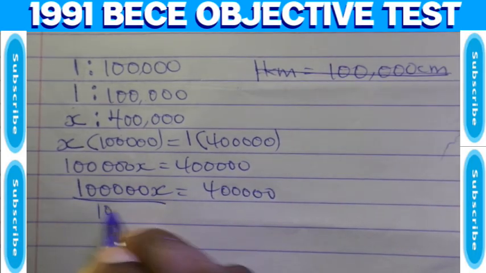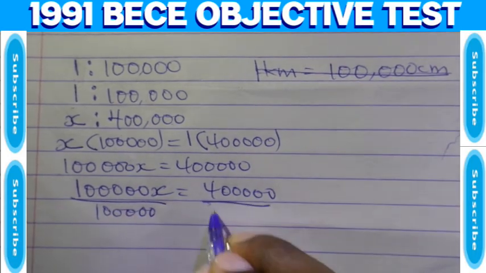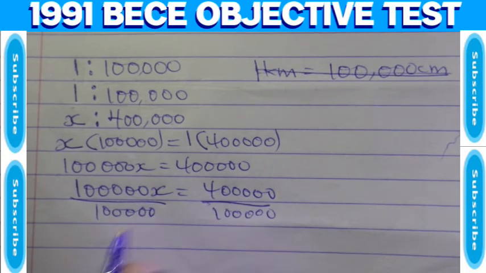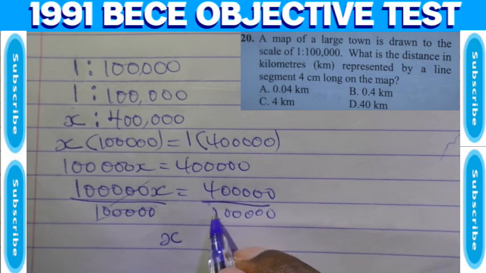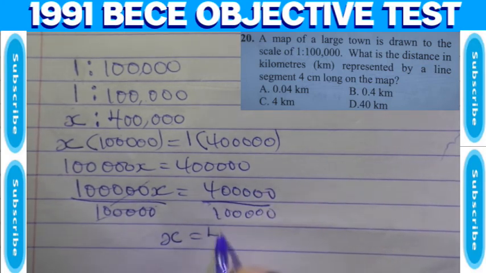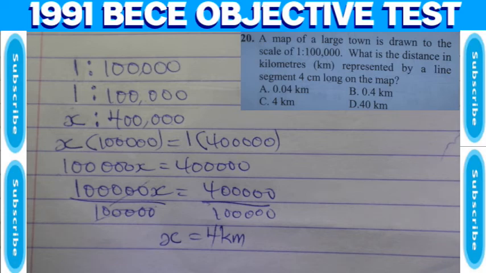Divide here by 100,000, divide here by 100,000, and then x will be equal to, so all these zeros will be gone, and then we have the value to be 4. So it will be 4 kilometers. So we are done with question 20.